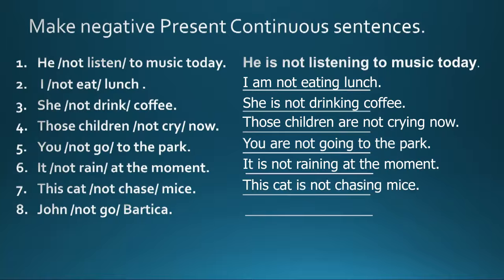This cat is not chasing mice. John is not going to Bartica. I hope you are able to insert not between your verb is, are, or am, and your main verbs, adding ing. Because remember, the word not goes between the two.